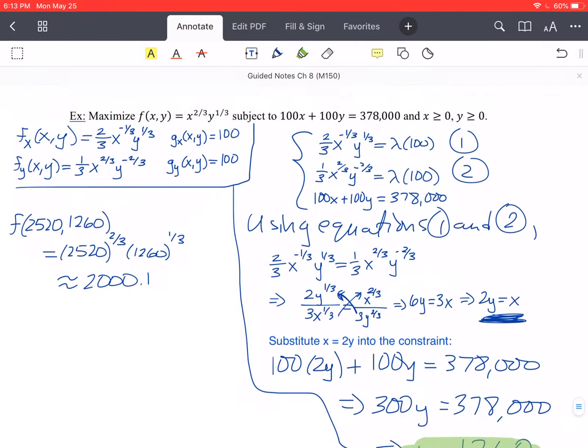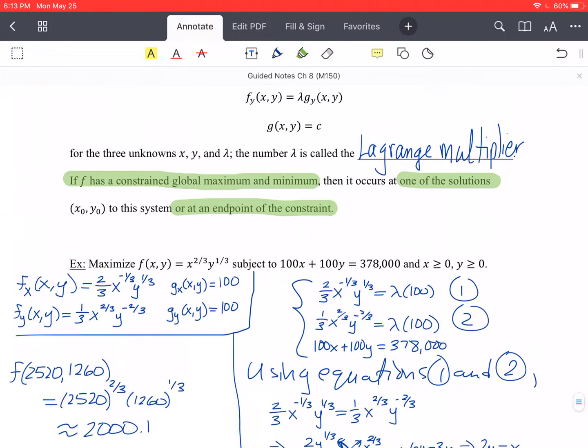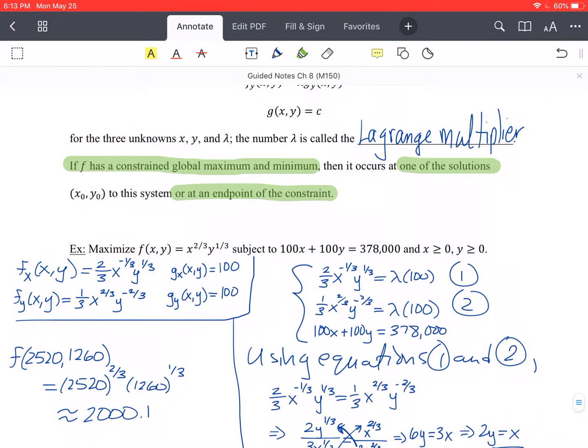Like it mentioned up above here, the maximum or minimum could occur at an endpoint of the constraint, so we just have to be careful with those. So, for the endpoint of the constraint in this case, right, we have 100x plus 100y equals 378,000. The endpoints are where x and y are at their extremes.